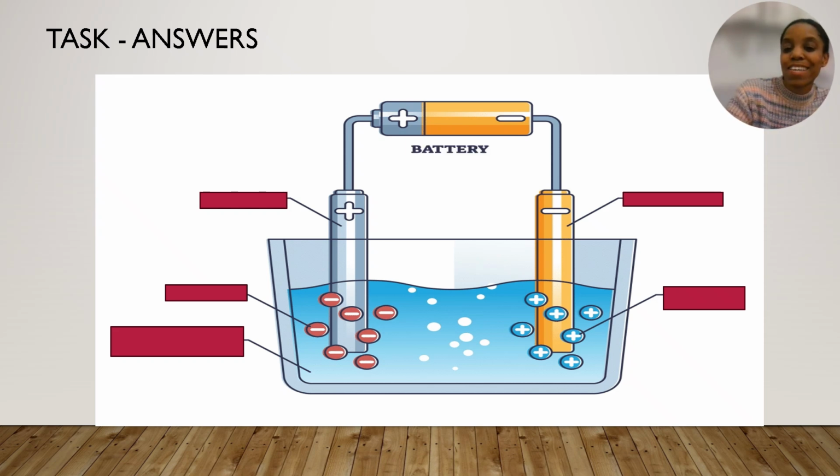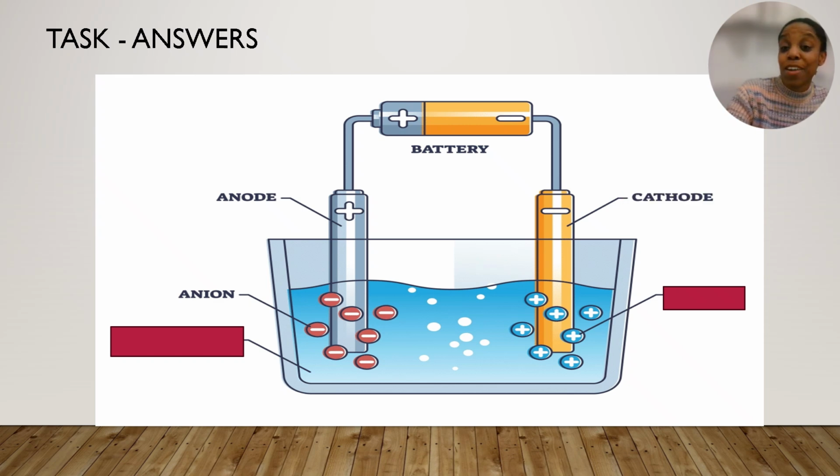This is the power source or the battery. Our positive electrode is our anode, and attracted to our positive electrode are our negative ions that we call anions. So get it, anode and anion. See the similarity?